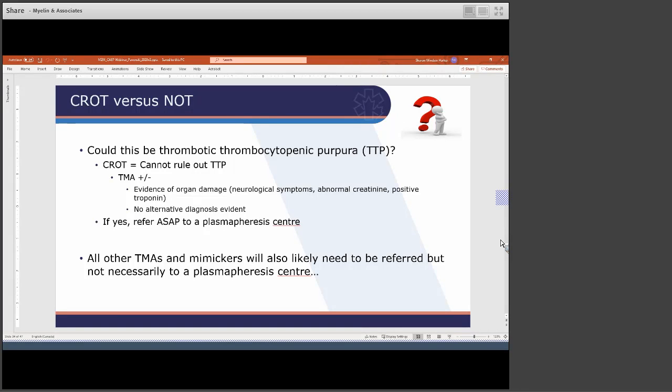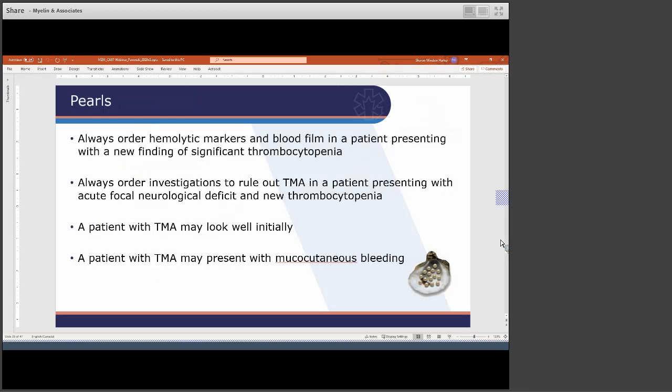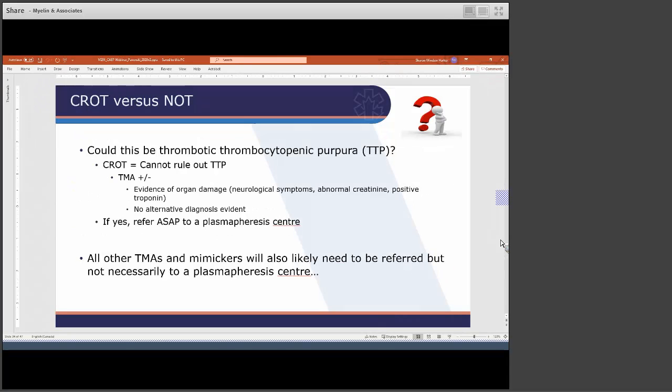to a plasmapheresis center. So usually I get these through Critical, or you can do this by consulting your local hematologist, and then the local hematologist escalating it further to a plasmapheresis center. Sometimes you may not have a hematologist, so you will be escalating through the internal medicine specialist that does consults in the ER.